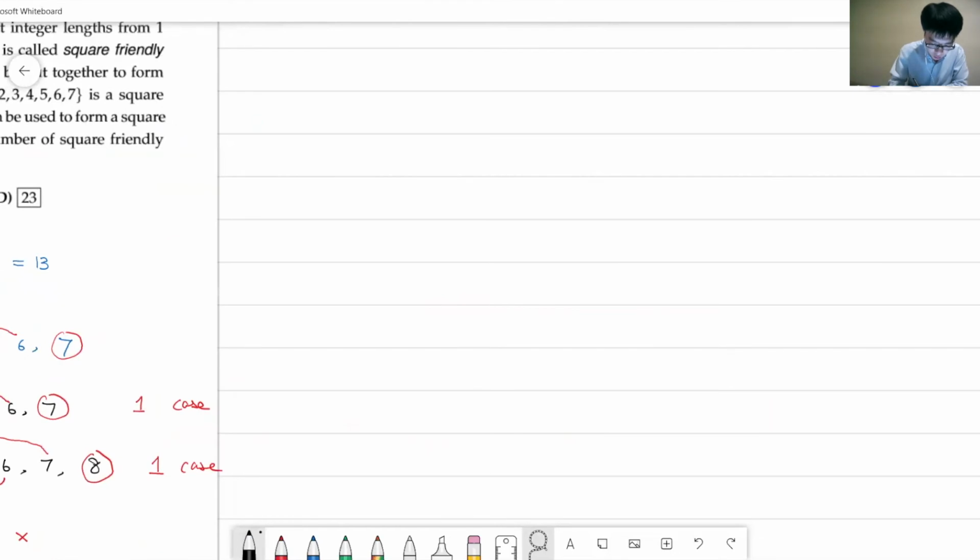If A equals 10, we still have the following values: 1 plus 9 equals 10, 2 plus 8 equals 10, 3 plus 7, 4 plus 6, and just 10 itself.